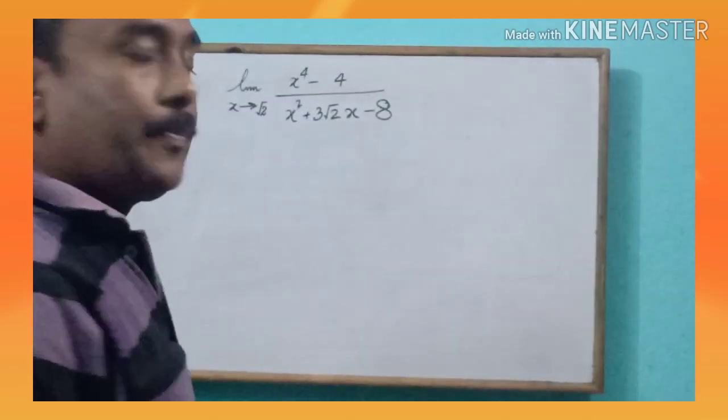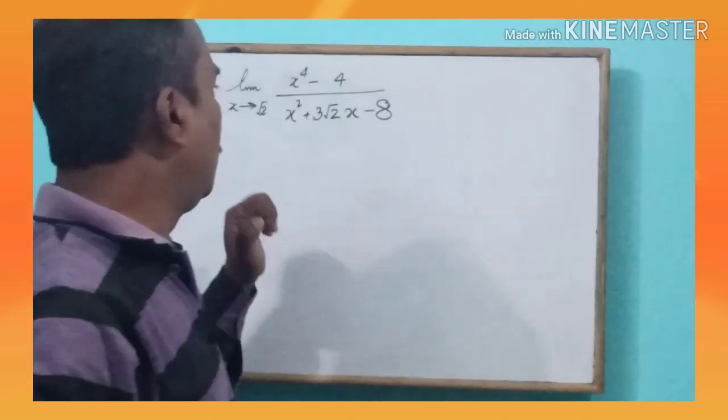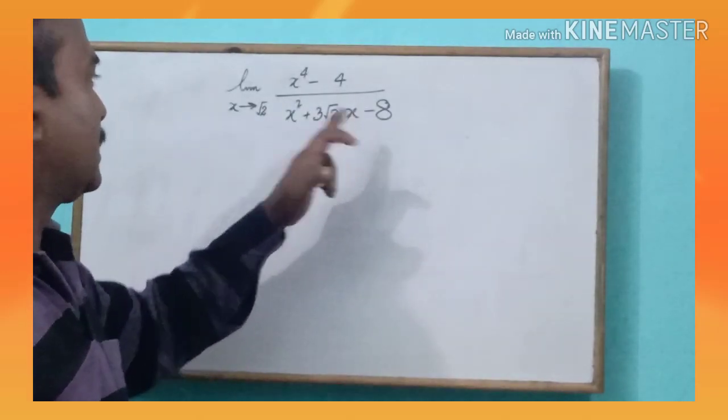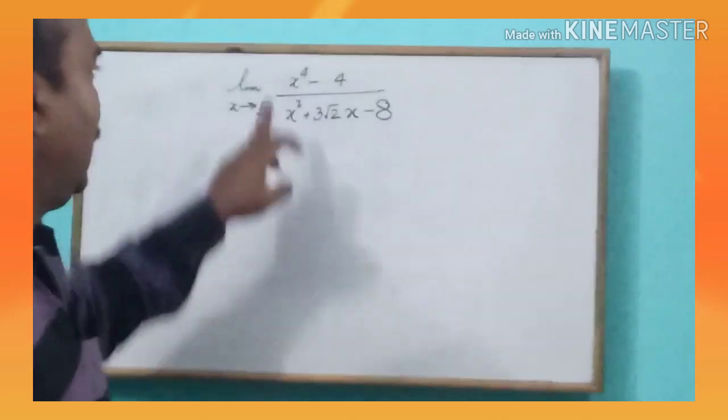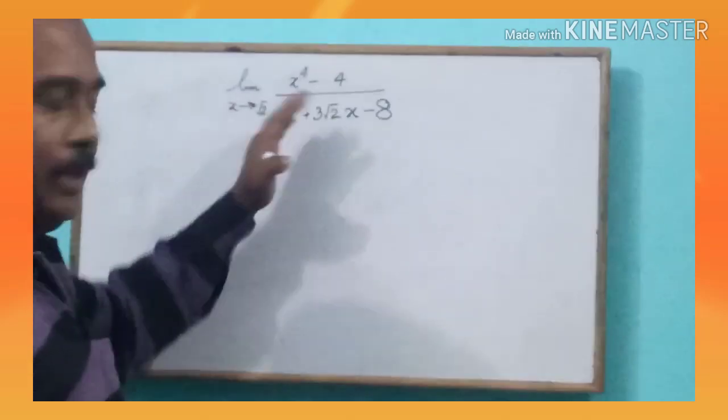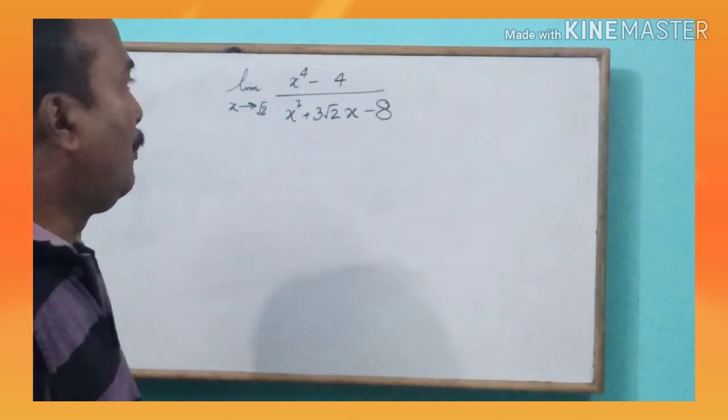So our question is limit x tends to root 2 of (x to the power 4 minus 4) by (x square plus 3 root 2 x minus 8). This is an algebraic expression in the form of numerator by denominator, or in fractional form.